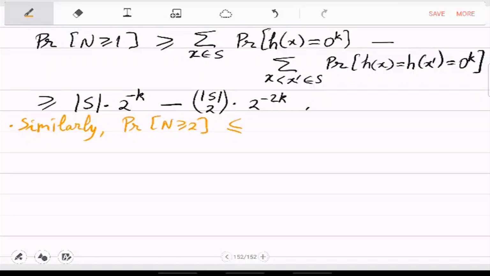Here just go over all the pairs x, x', because you want at least 2 to go in this bucket. So this is simply smaller than the sum over x less than x' in S, which we have calculated as before.